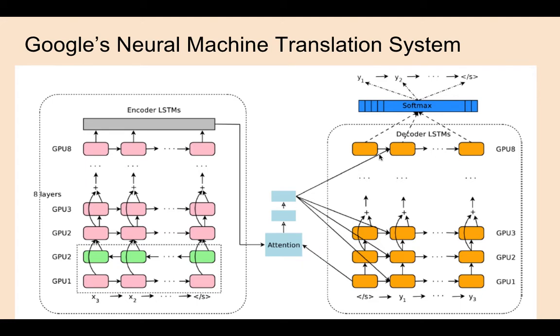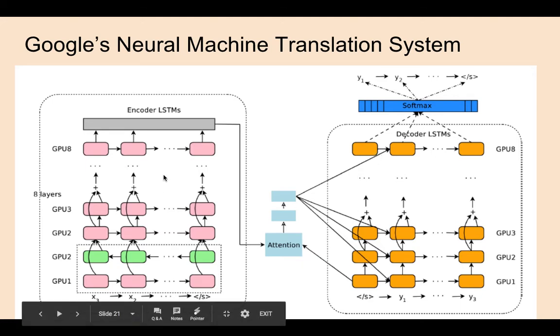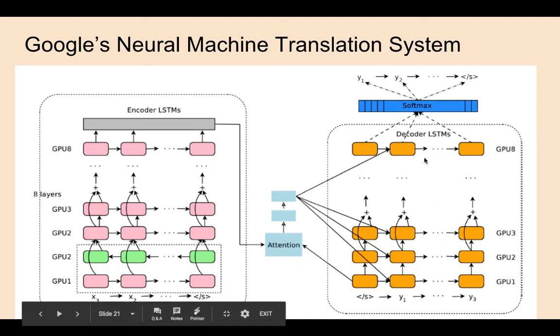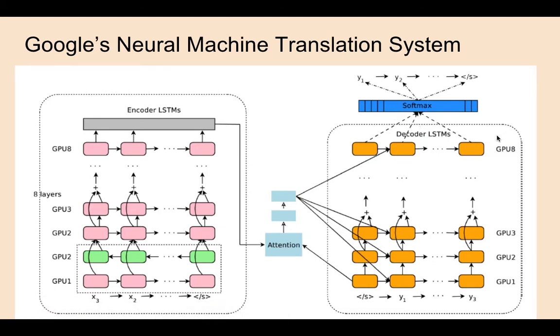So this is one language, the source language. This is the target language. They do the same thing to encode up into this level, this deep internal representation, and this attention thing creates the connection between them.